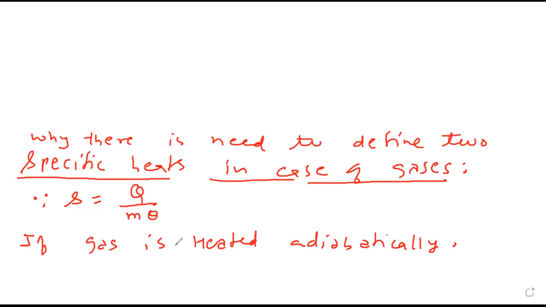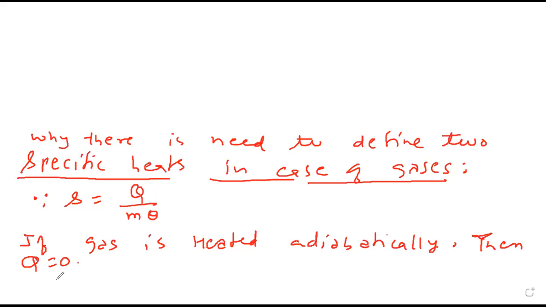If heat is kept constant, it means you have neither taken any heat nor given any heat. And this Q means heat supplied. In adiabatic, we neither supply nor take. So can I say if gas is heated adiabatically, then Q should be 0?